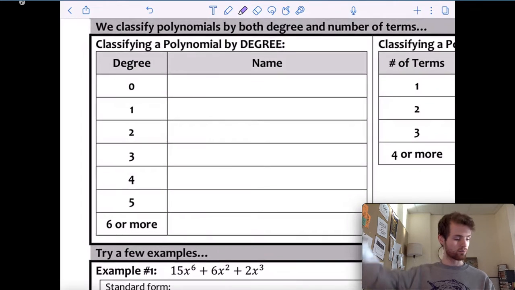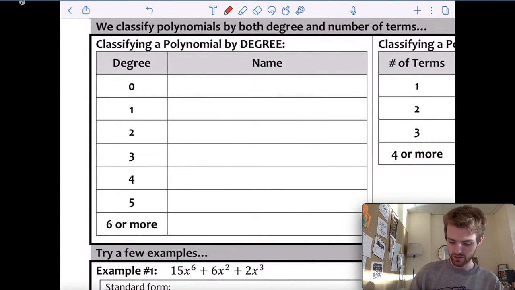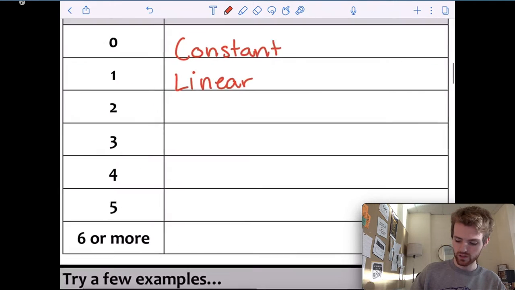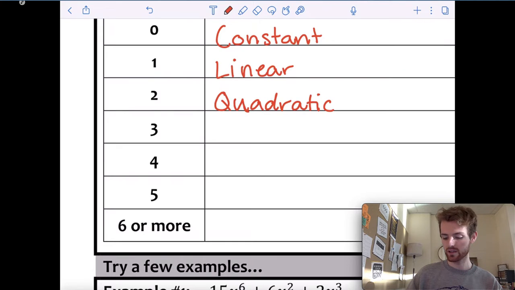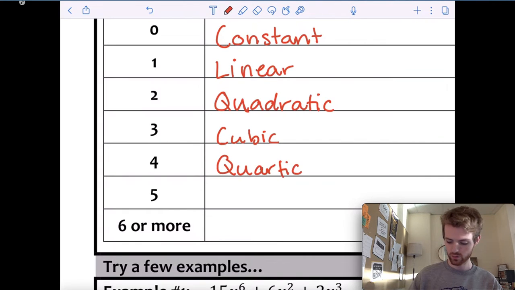So, depending on what the degree is, we could call it a constant if there's no degree. If it's 1 degree, we would call it linear. 2, we call them quadratic. 3, we call it cubic. 4 is quartic. 5 is quintic.